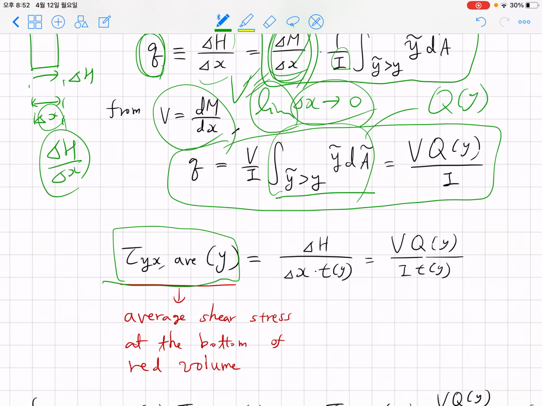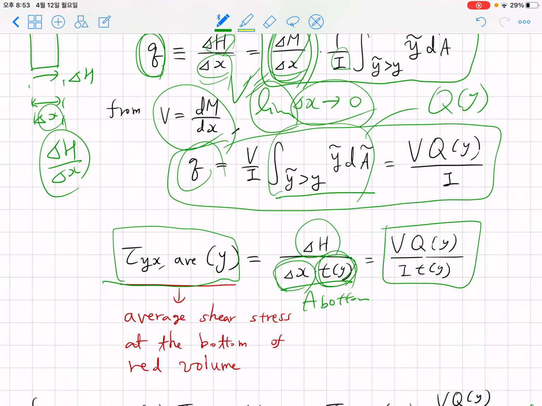So if you consider the average over the entire z direction, then what you can expect is delta H over delta X multiplied by Ty. This is the width, and this is the A bottom. Then you can define shear stress, and shear stress turns out to be Q, which is delta H over delta X divided by Ty, and it turns out to be VQ over IT.